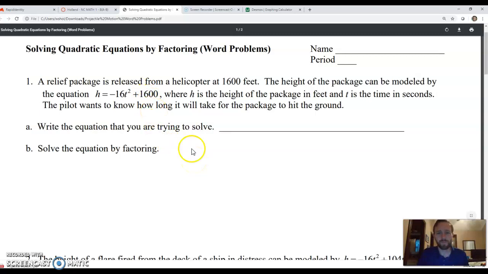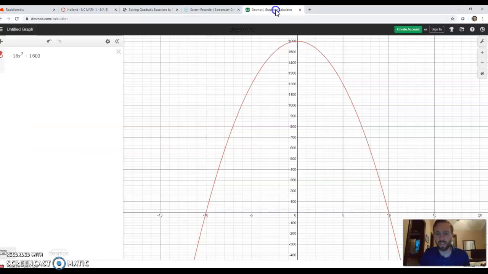And if you look at this quadratic graphed in Desmos, you'll notice on the left I simply typed in the expression, and then it graphed the problem here. You'll notice that the y-intercept is also the maximum value, which means that the y-intercept and the maximum, or the vertex, are at the same place.